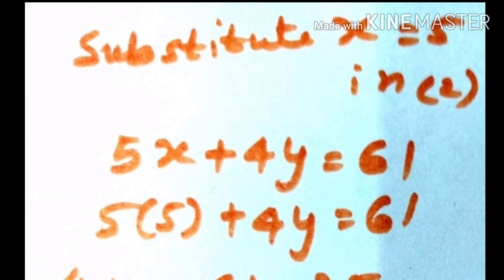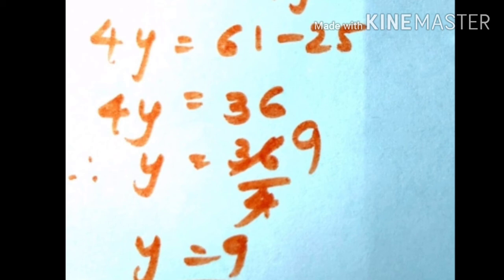Solving, 4y is equal to 61 minus 25, so 4y is equal to 36. So y is equal to 36 divided by 4, and by cancellation y is equal to 9. So from the question we found the cost of a chair is rupees 5 and the cost of a table is rupees 9. Both values, x and y, are found.